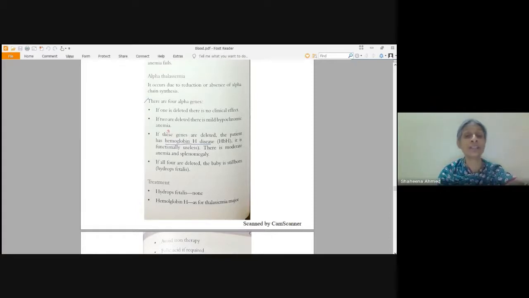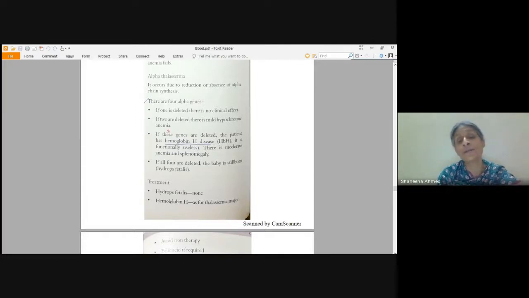Now, if three genes are deleted, this patient will have hemoglobin H. Hemoglobin H is functionally totally useless, and this person will show moderate anemia and splenomegaly.